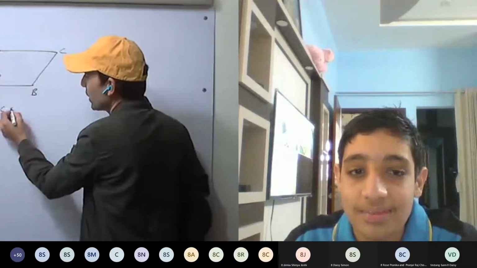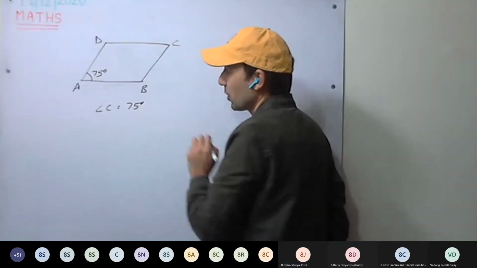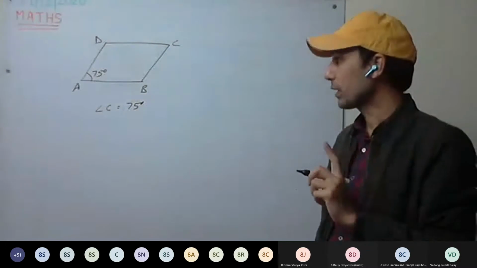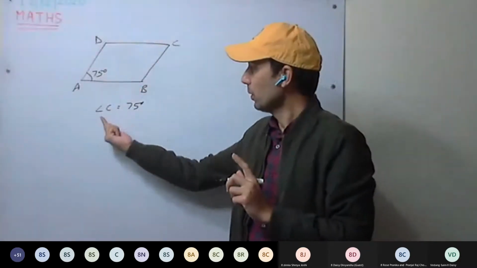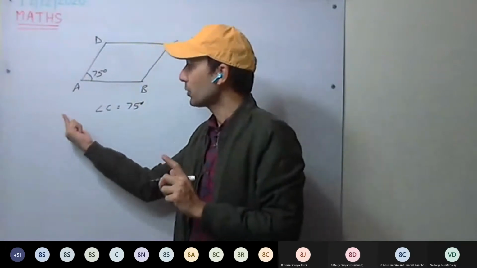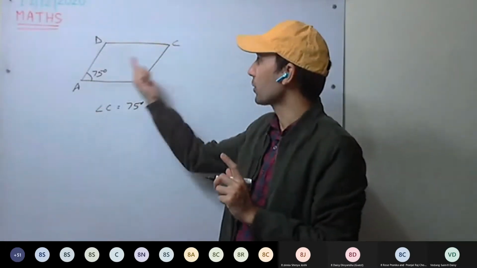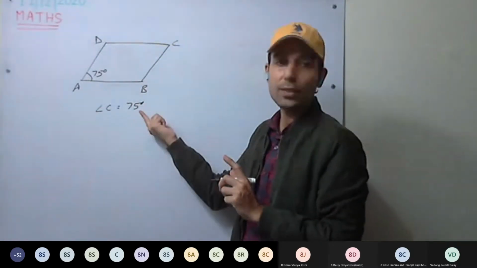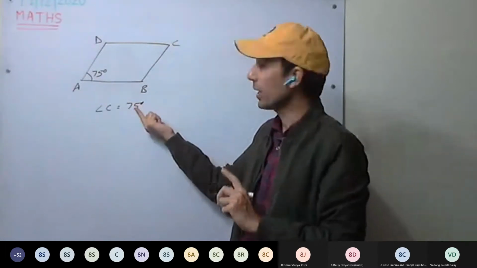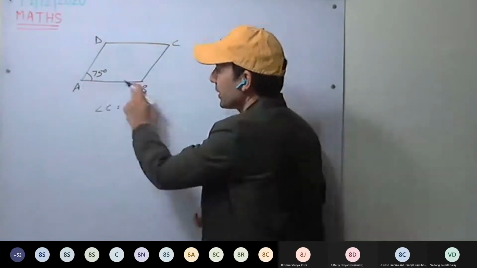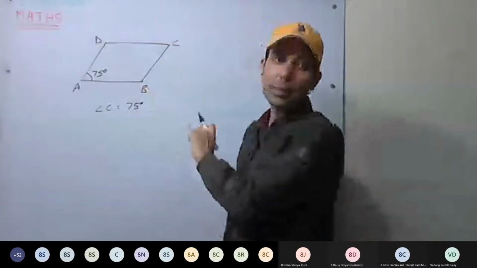Therefore, angle C will be how much? 75 degrees. Okay. Two properties we will be using. First property, opposite angles are equal. Therefore, angle A equals angle C equals 75 degrees. Second property, adjacent angles are supplementary.